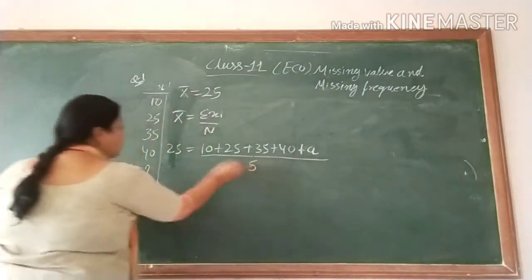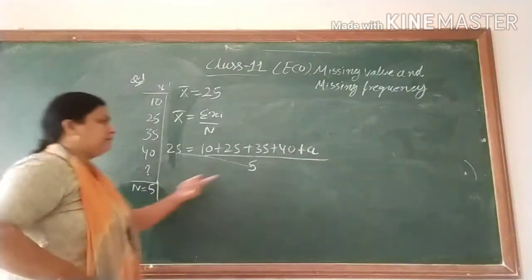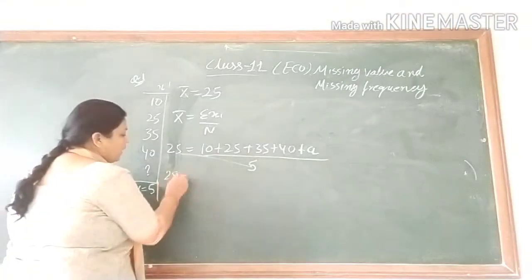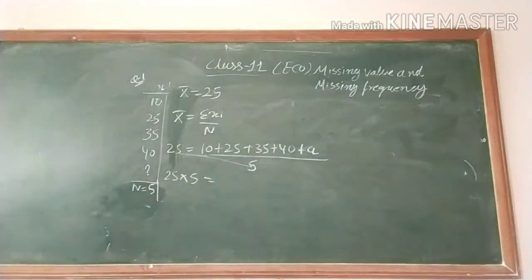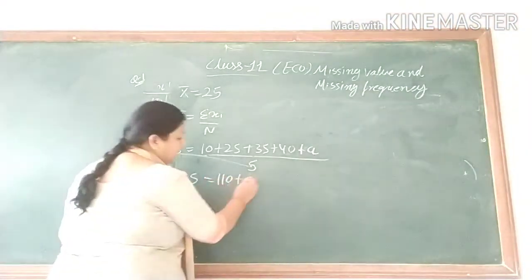Now 5: this is cross multiplication, as the mathematical rule, if n is divided on one side, it gets multiplied on the other side. So 25 into 5. Let's total everything: 10 plus 25, 35, plus 35 is 70, 70 plus 40 means 110. Clear? So this is 110 plus a.